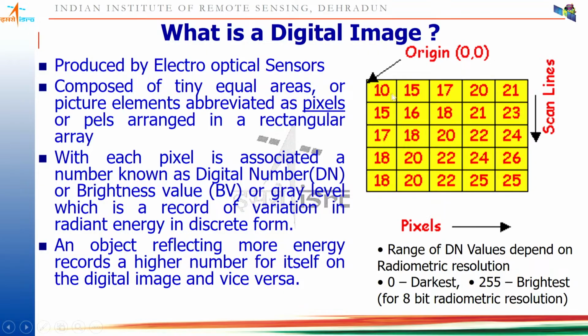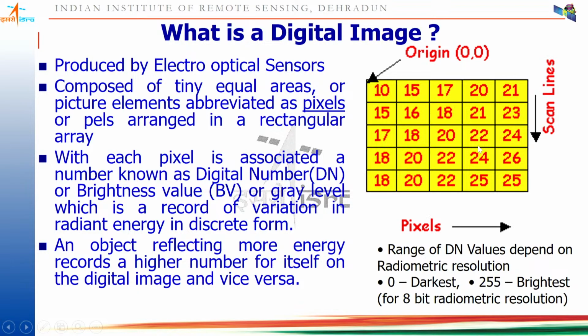I said a digital image is composed of tiny equal areas called pixels. The size of the pixel corresponds to the spatial resolution of the sensor, and the range of values depends upon the radiometric resolution, or basically the quantization level. If the radiometric resolution is 8-bit, the range of values will be between 0 to 255.